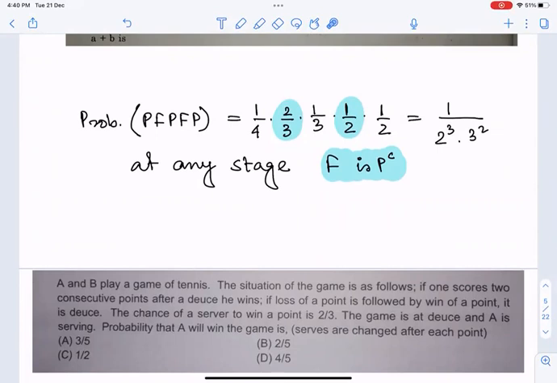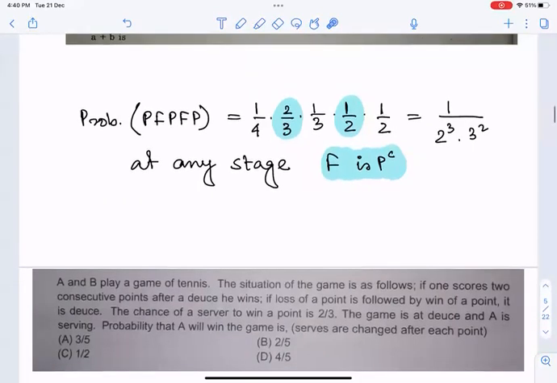So at this moment, if A holds the serve, after the first serve it will go to B. Similarly, when B is serving, the probability of winning for B is 2/3, whereas the probability of winning for A will be changed to 1/3 then. And it continues so on. After every service, the server gets changed. For any player, the probability of winning his or her own service is 2/3, and obviously the probability of winning on the other's service is going to be 1/3.